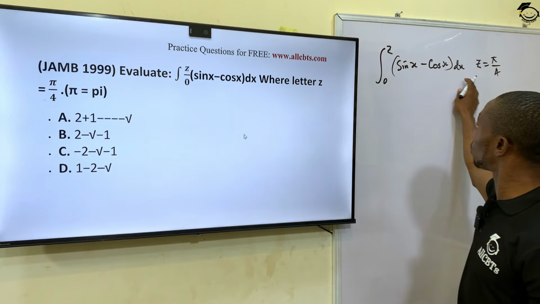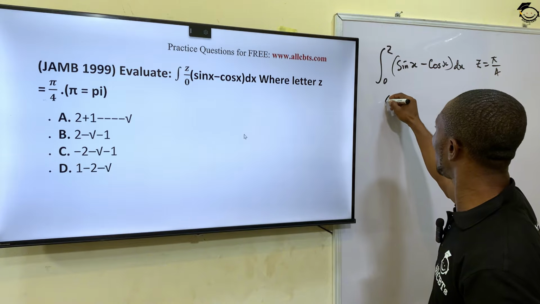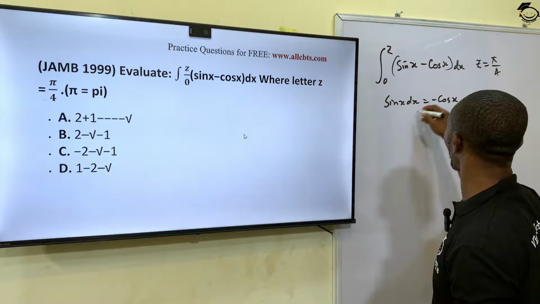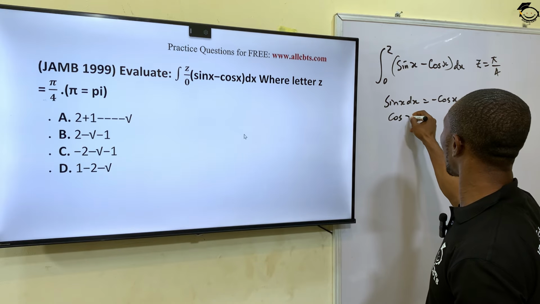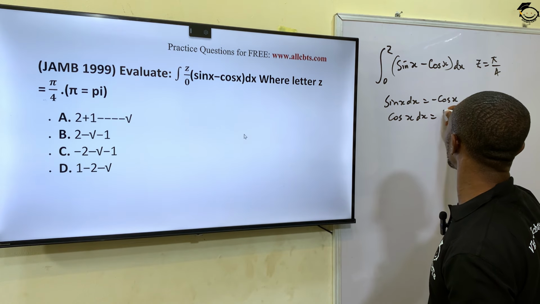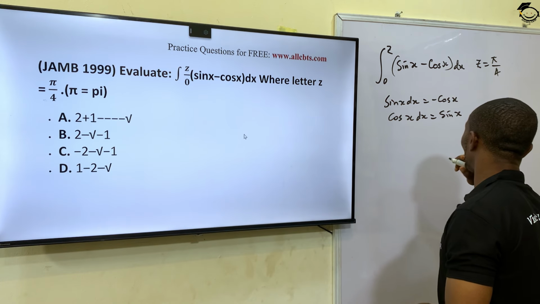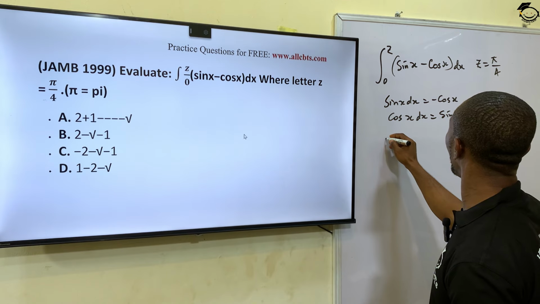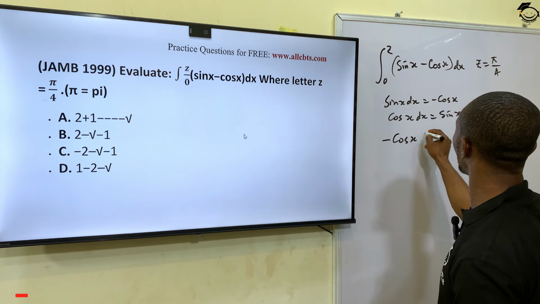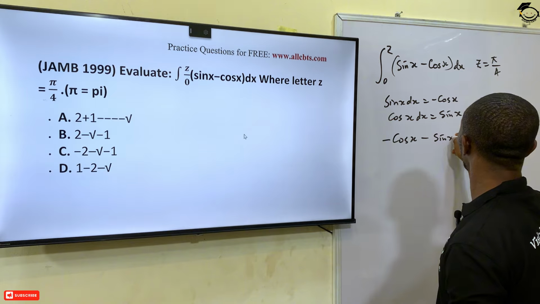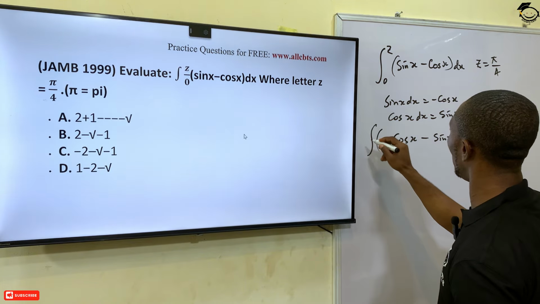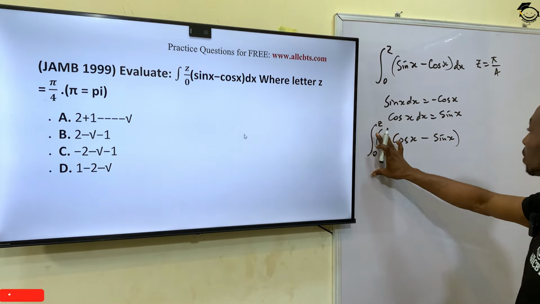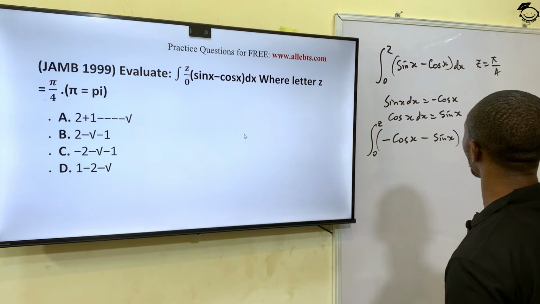Now, for us to integrate this, the integral of sine x dx is minus cos x, and the integral of cos x dx is sine x. Now, replacing these, we have the integral as minus cos x minus sine x. Okay, now our limits are from z to 0.